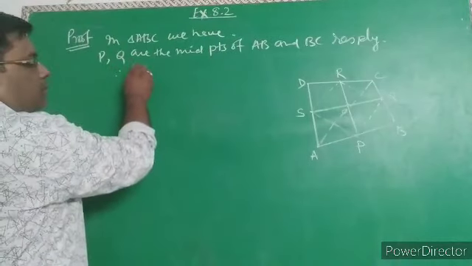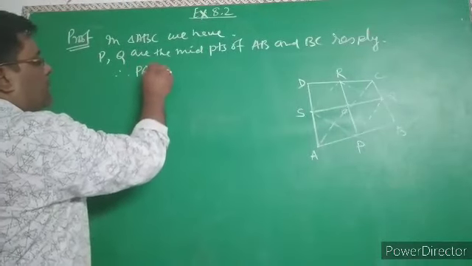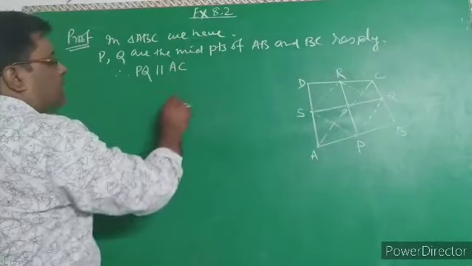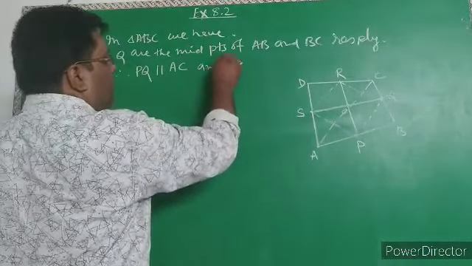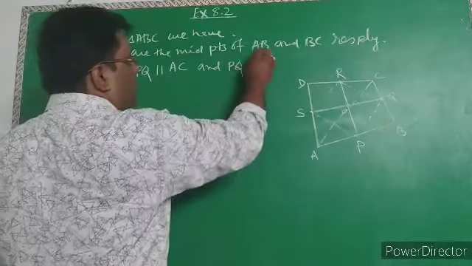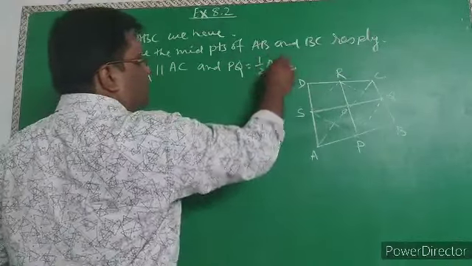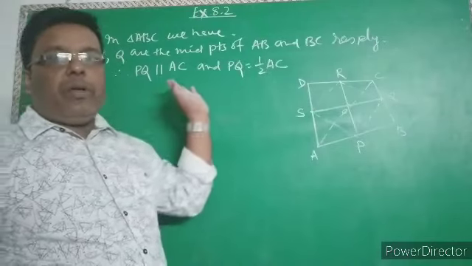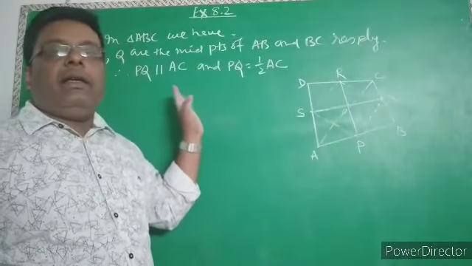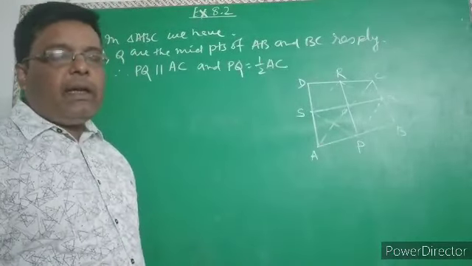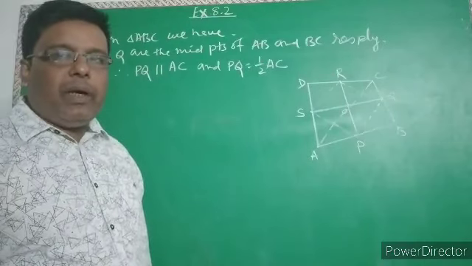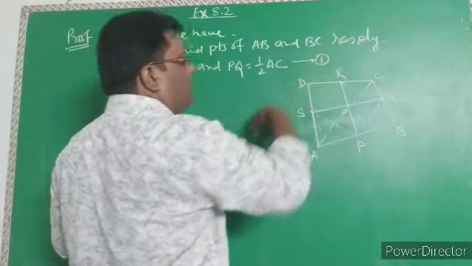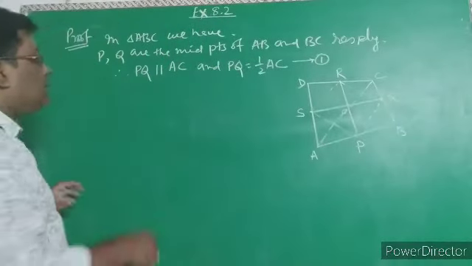Therefore, PQ is parallel to the third side AC and PQ is equal to half of AC. So the line segment joining the midpoints of any two sides of a triangle is parallel to the third side and half in measure. That is theorem number 8.9. So we'll give it number 1.